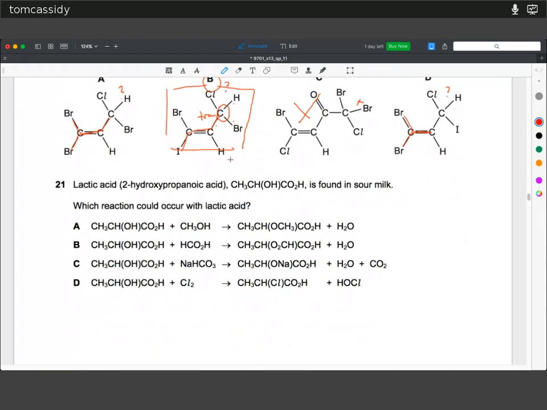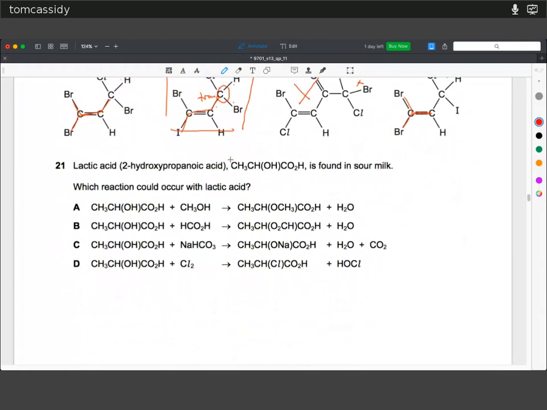Okay, again, looking at probably a chemical that you haven't come across before, you've got lactic acid, and you've got a reaction here with lactic acid. First one, you've got lactic acid reacting with an alcohol. Now, carboxylic acids do react with alcohols, and you should know that they make esters.